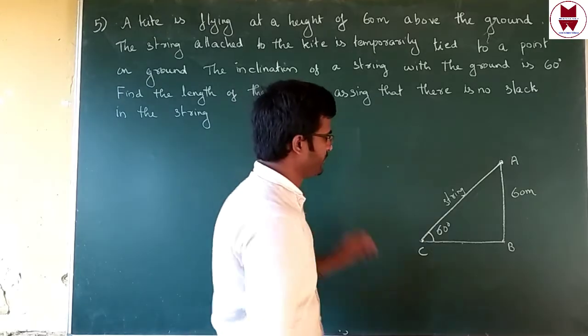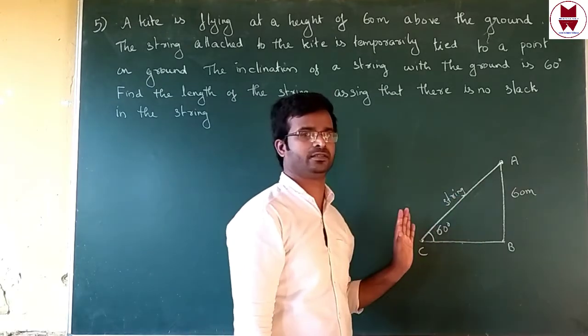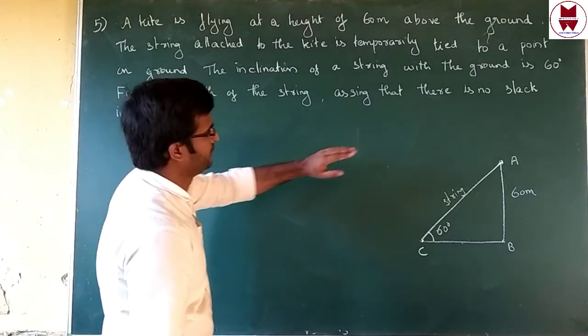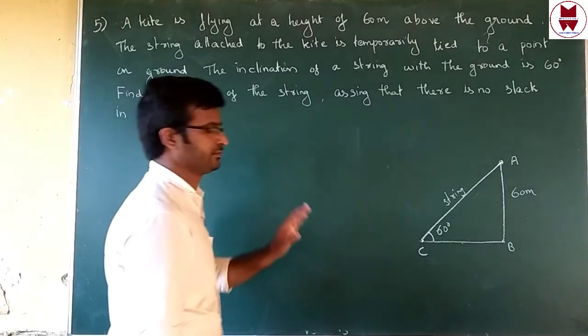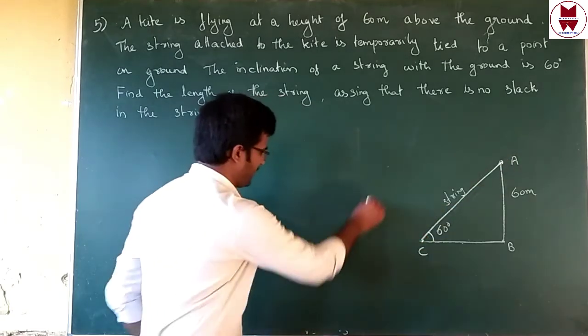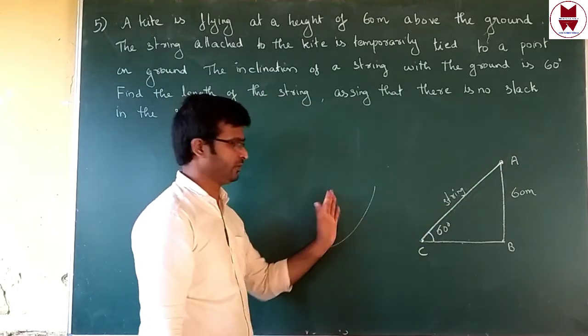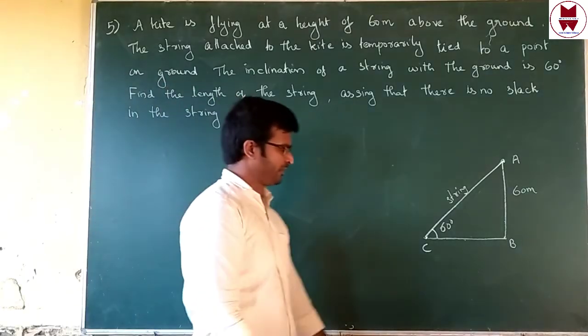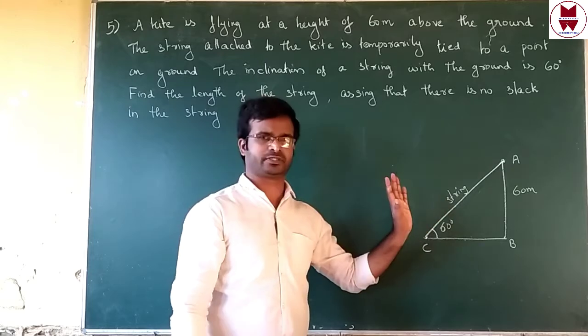That means we have to find out AC in this figure. Assuming that there is no slack in the string. The string is a straight line; slack means bending. No slack. Okay. Then our question, we have to find out the length of string.